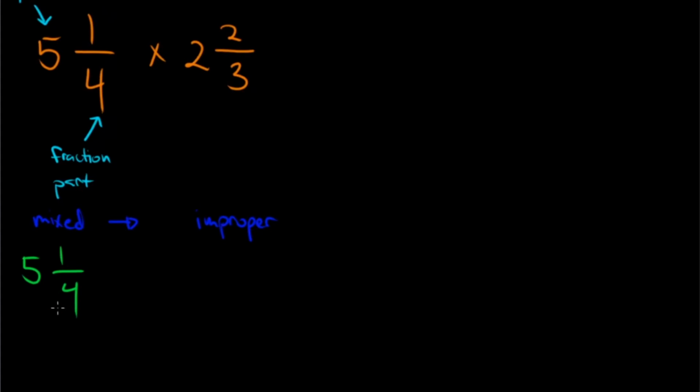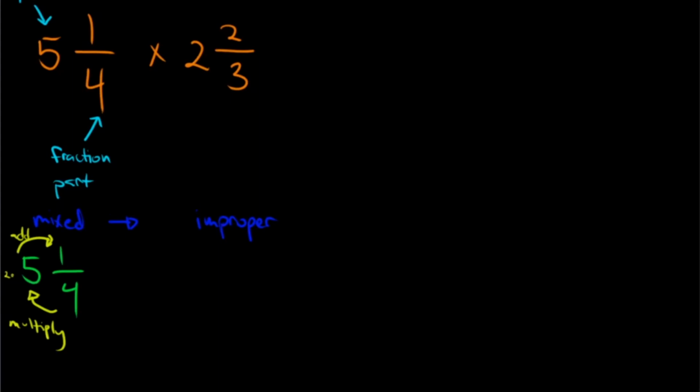Kailangan ko lang gawin is to multiply this denominator by my whole number. So, kailangan ko yan i-multiply. And then, yung magiging product, i-add ko itong numerator. So, 5 times 4, or 4 times 5, will give me 20.